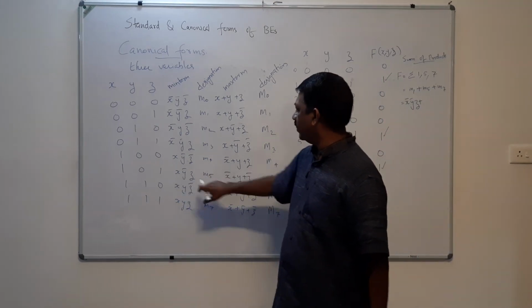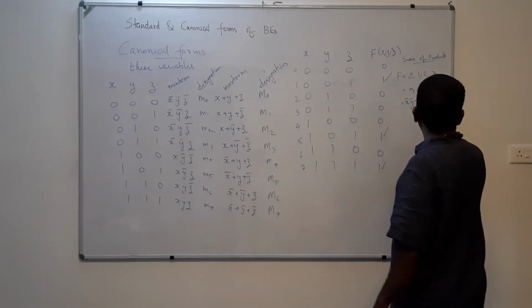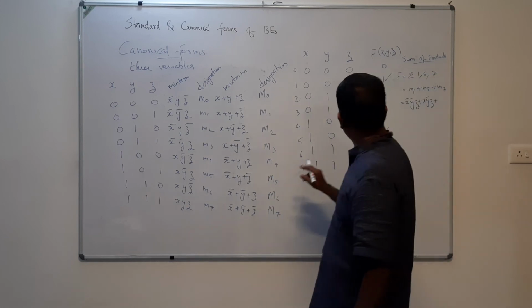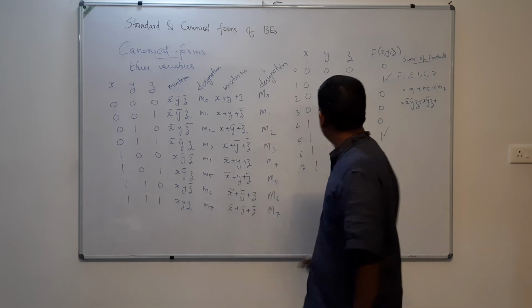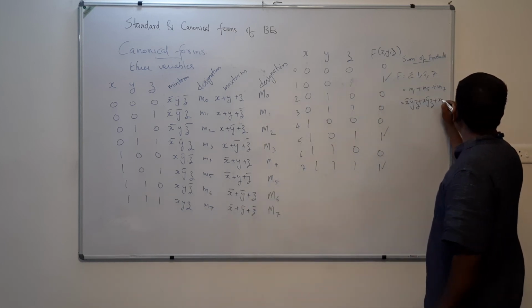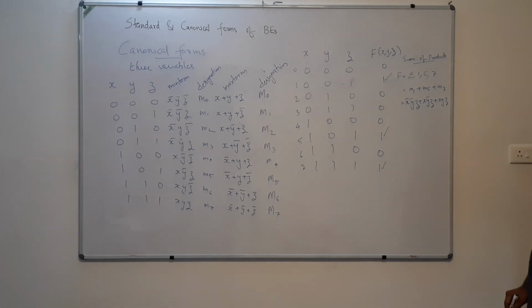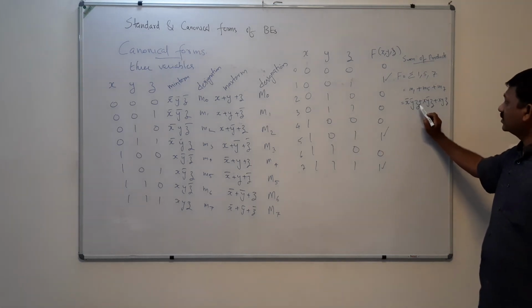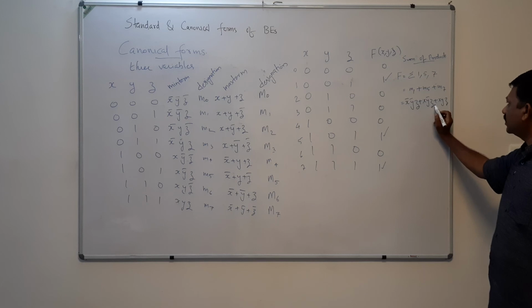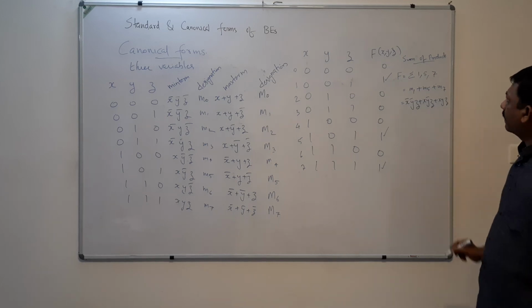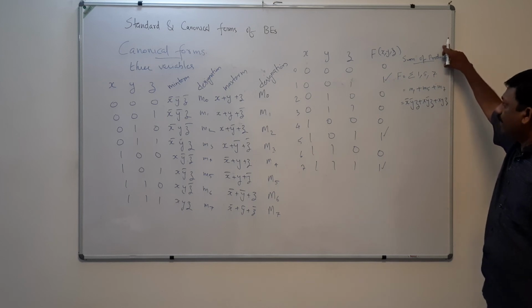M5 is x, y bar, z, plus what is m7? M7 is x, y, z. So it is x bar, y bar, z plus x, y bar, z plus x, y, z. Okay, that is the sum of products form.